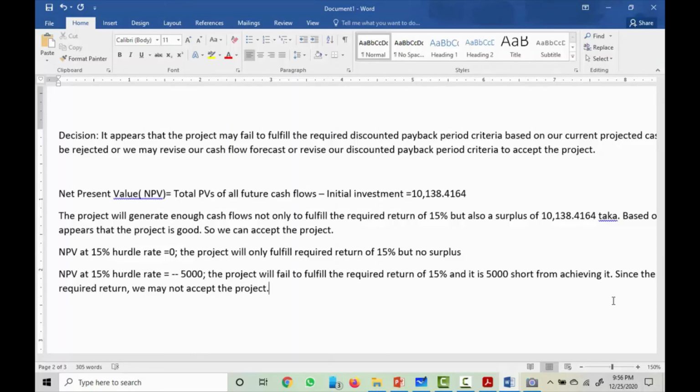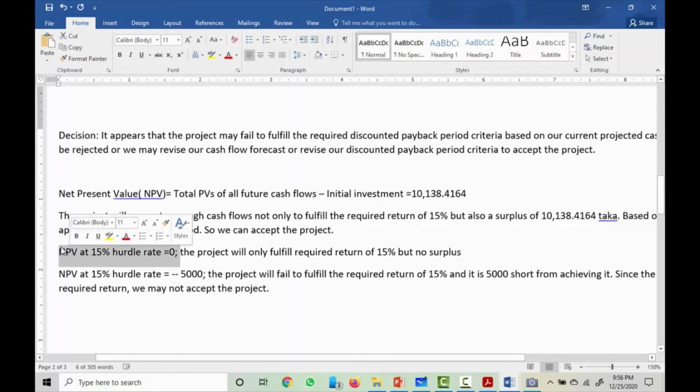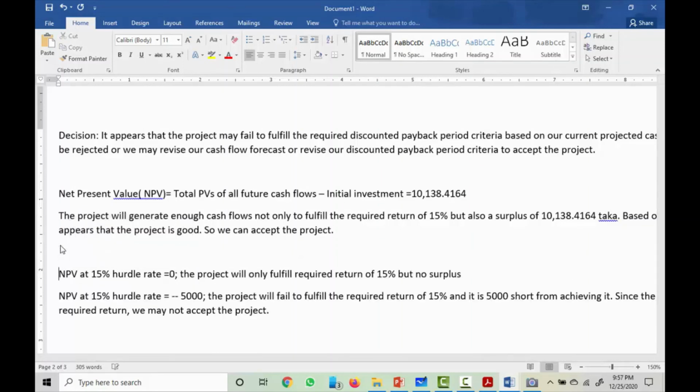So if you get a negative NPV, in that case you may reject the project. But if you get 0 or more, then what is the decision criteria?